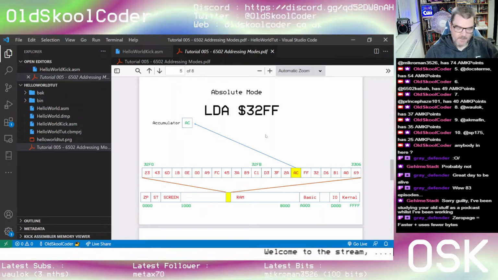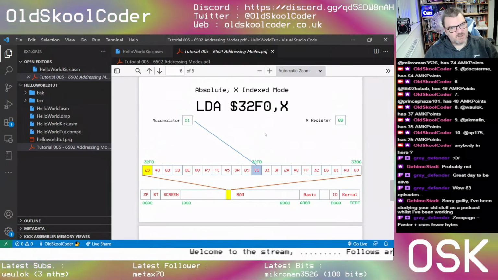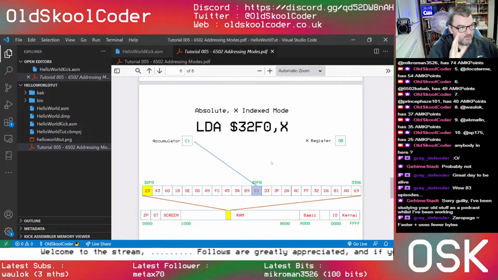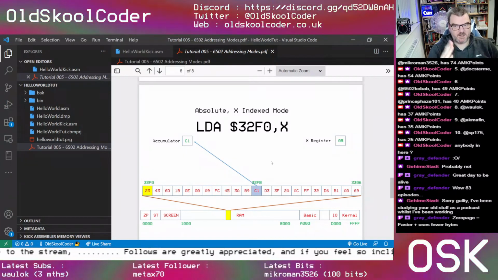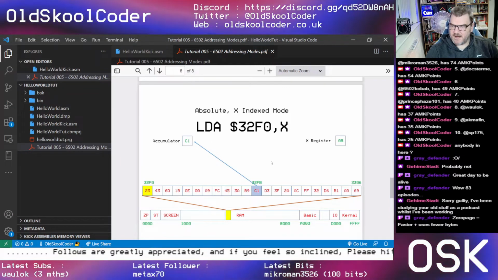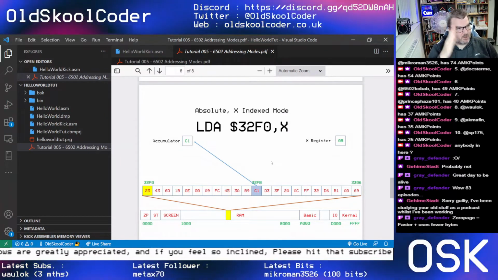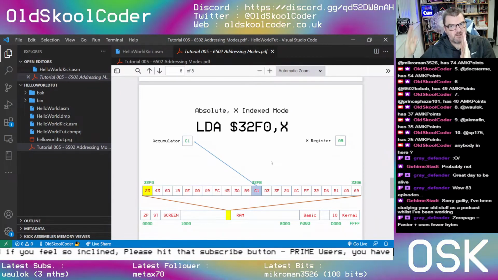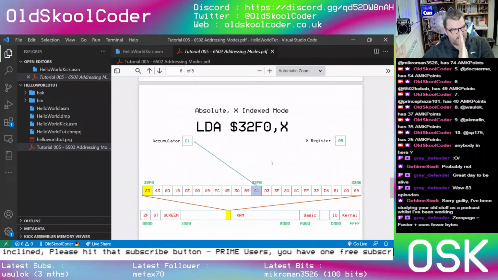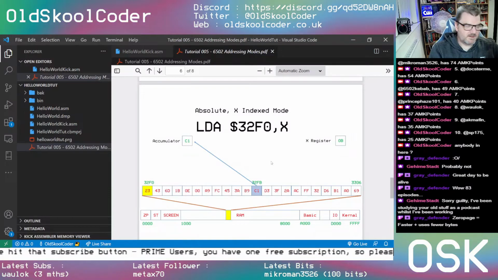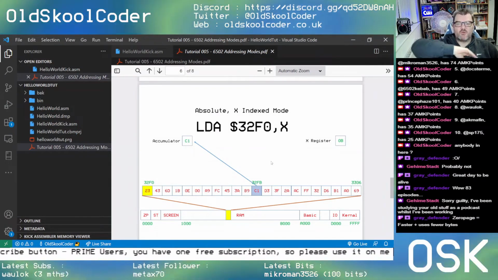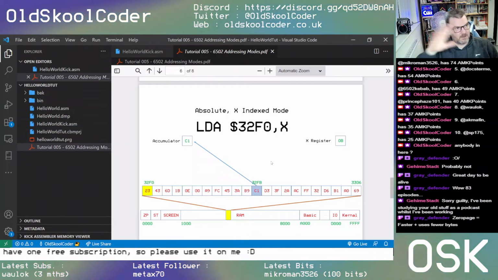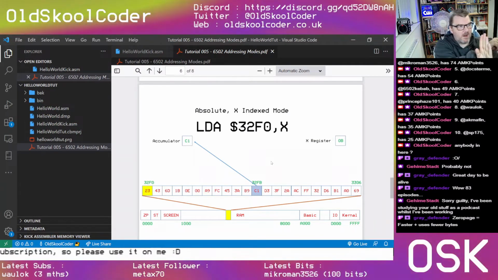Simples. Next one. Just like 0 page, you can load from your base point, in this case 32F0, have an X value of 0B. It will look at 32F0, add 0B to it, and then look at 32FB. Now with 0 page, if you loaded an X value that was bigger than the page, it would wrap round to the beginning.